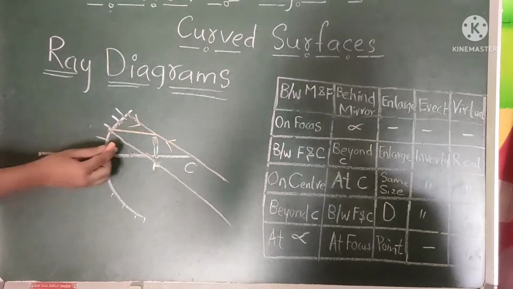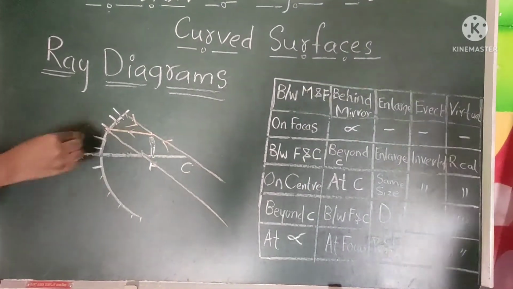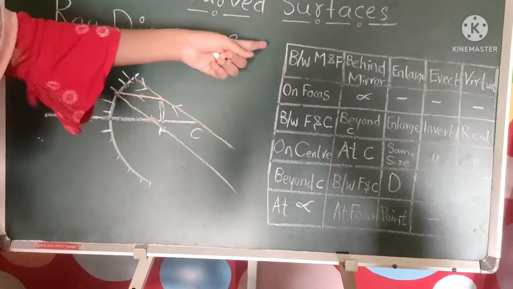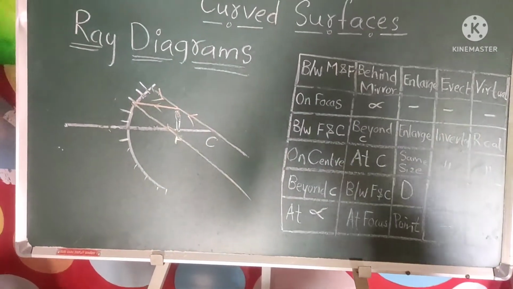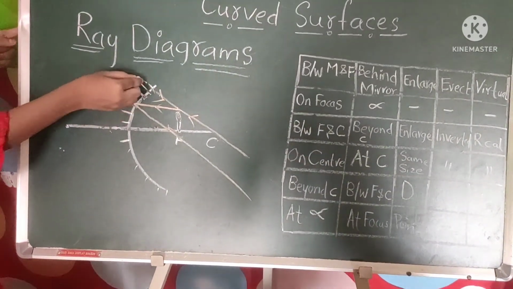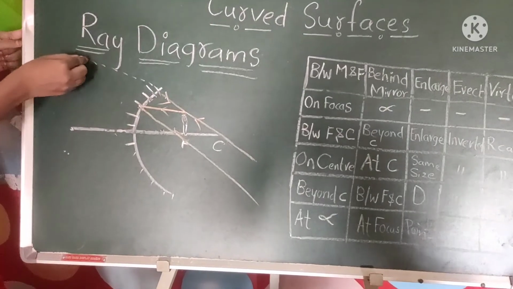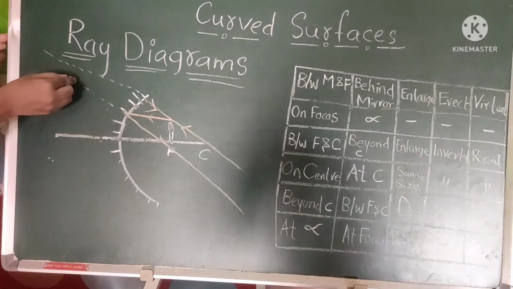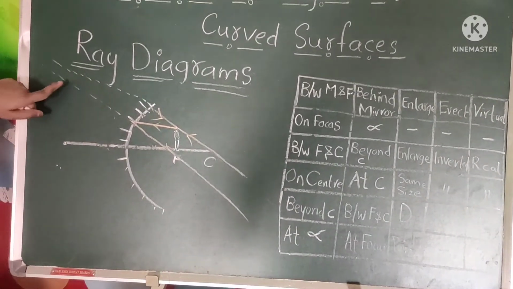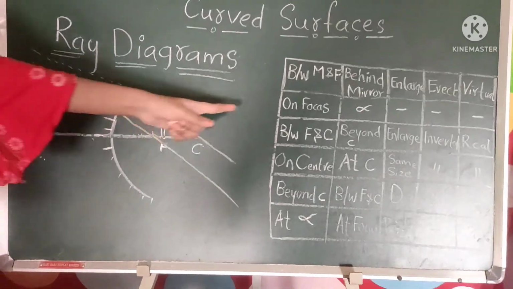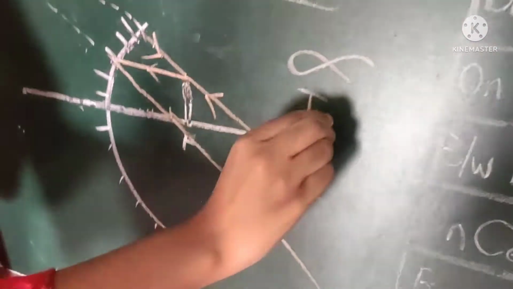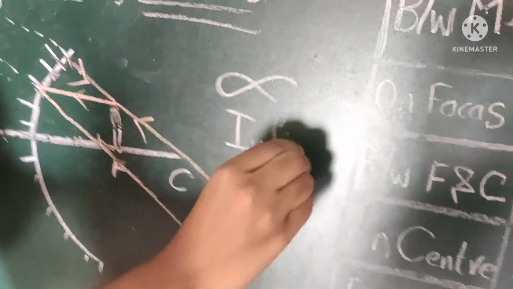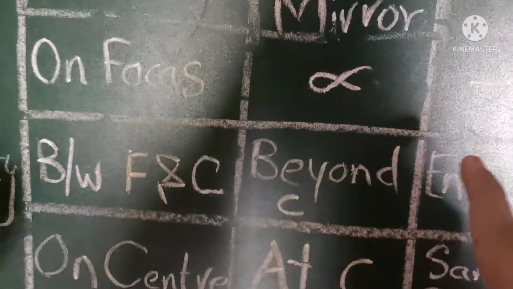Even here we find the same case as it was first. So it's not meeting, right? So let us project it backward. As we project it backward, we are not getting the meeting point, but we tell it as infinity. The position of image would be at infinity. This is the symbol with which we represent infinity.